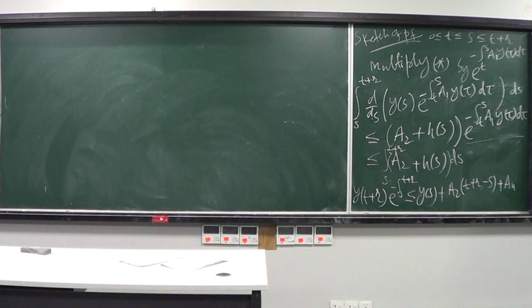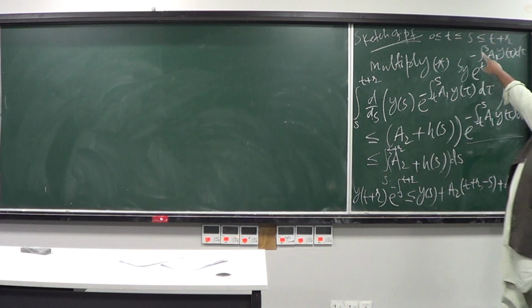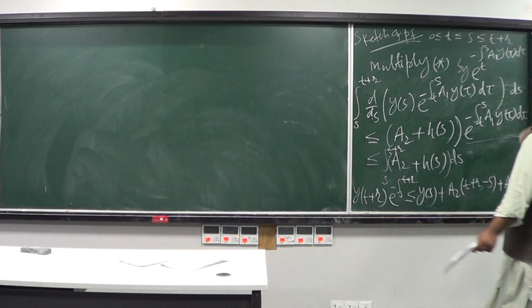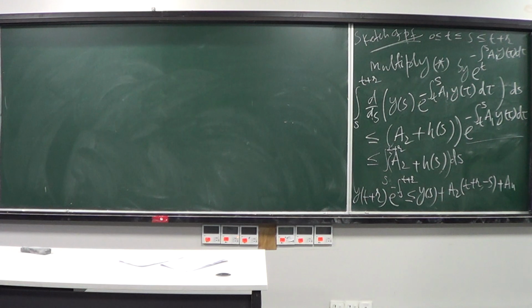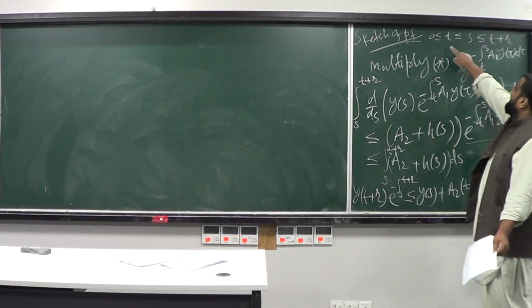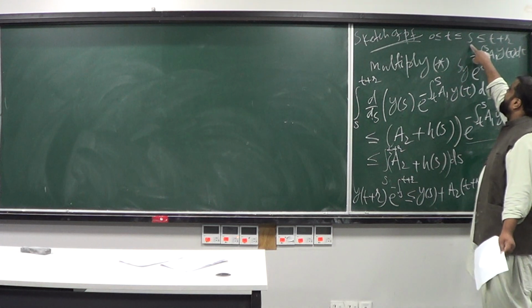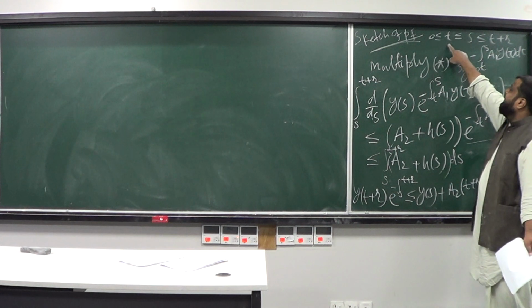You can even further simplify it, because s is less than or equal to t, we can also say that s is less than or equal to t plus r. So even in this, the t can be estimated. If t is less than or equal to s, then I can say that negative s is less than or equal to negative t.